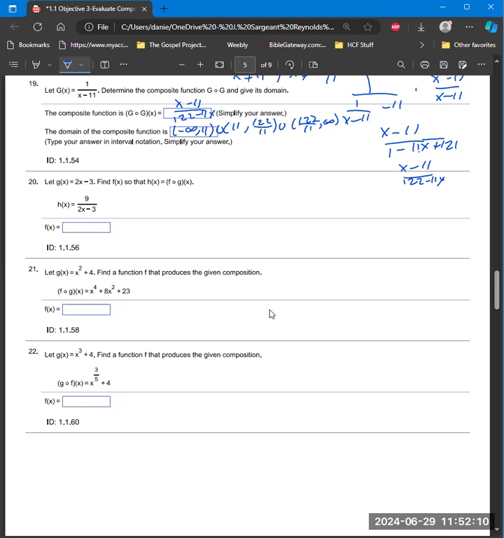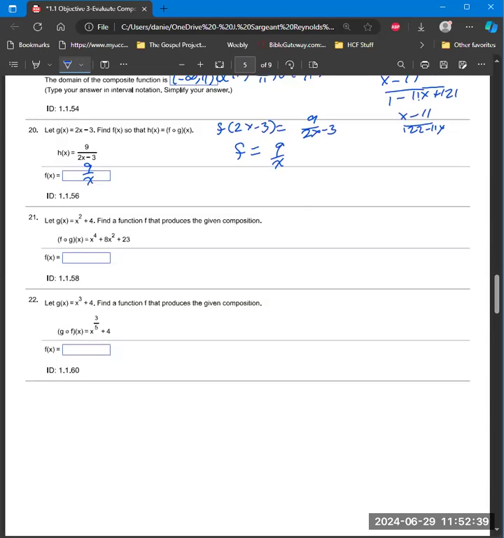So f of 2x minus 3 equals 9 over 2x minus 3. f is 9 over x. It's pretty straightforward. Didn't need to use inverse functions for that, but that is a possibility to help us find answers to questions like that.